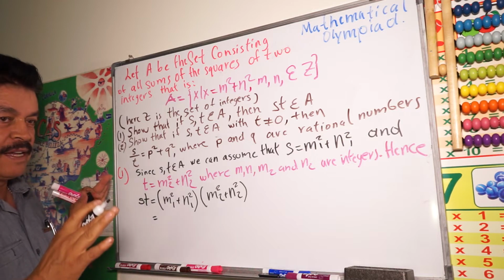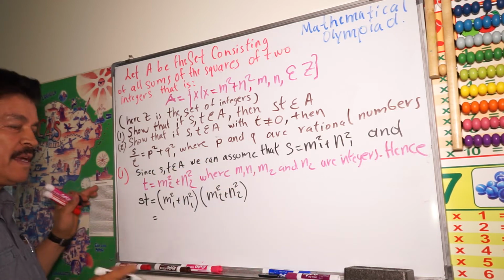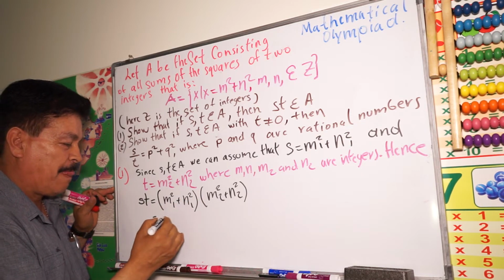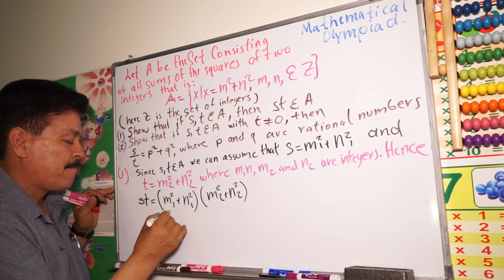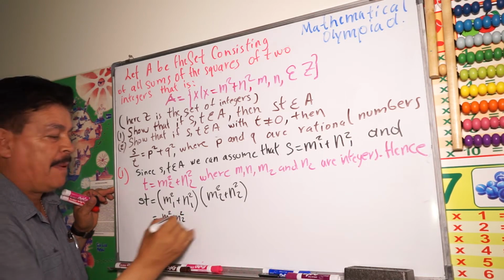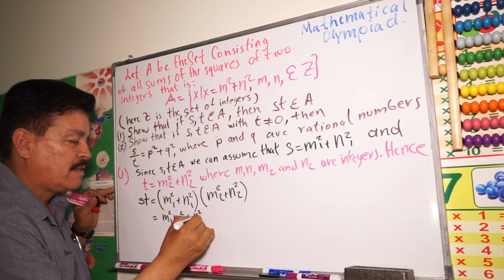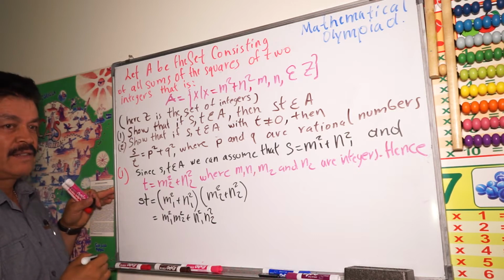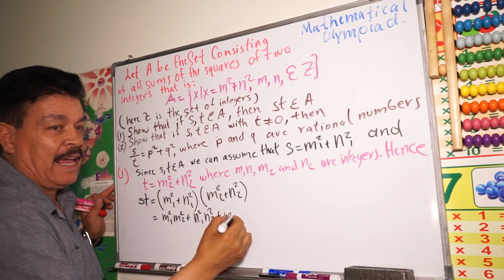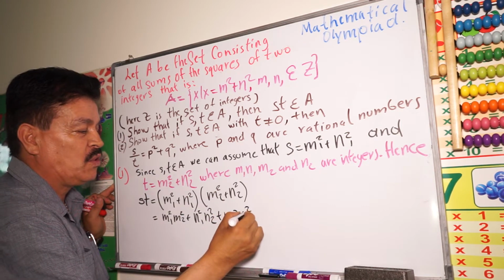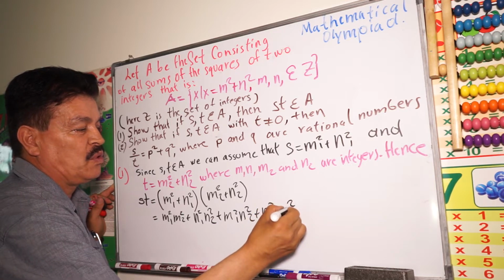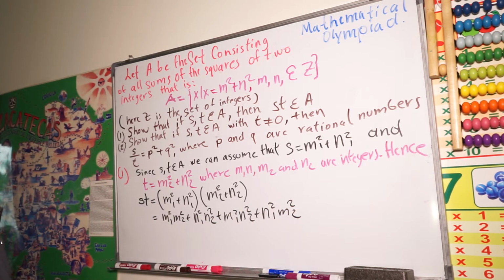So simplify, factor, solve the problem. From this binomial product we are going to have m1 squared times m2 squared, plus n1 squared times n2 squared, plus m1 squared n2 squared, plus n1 squared m2 squared.